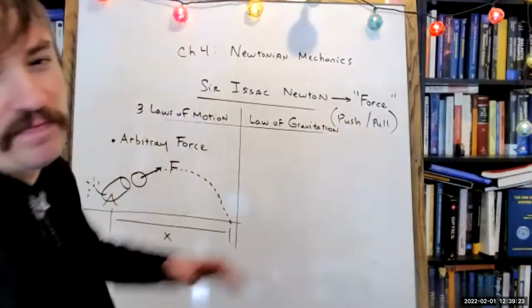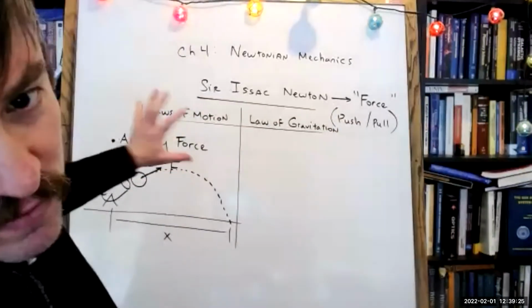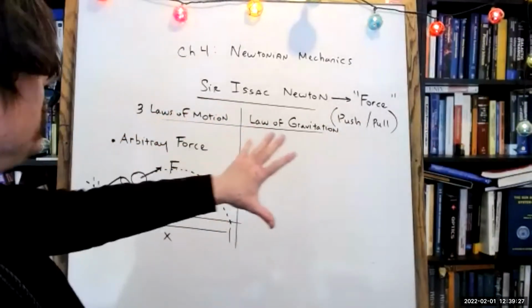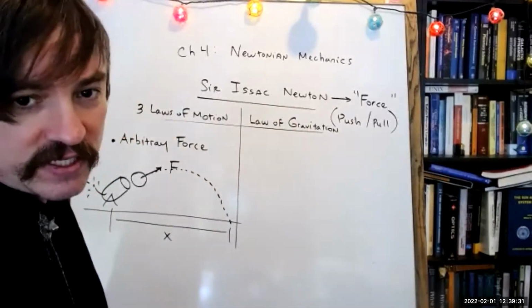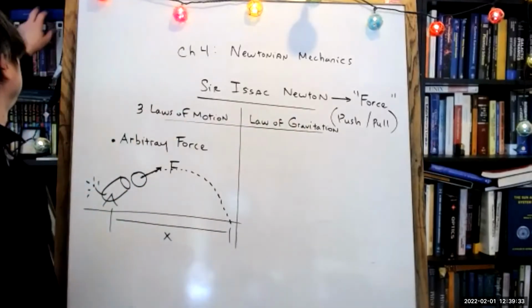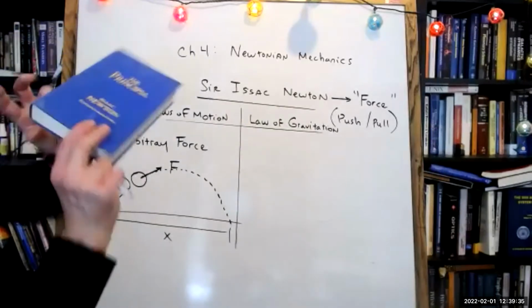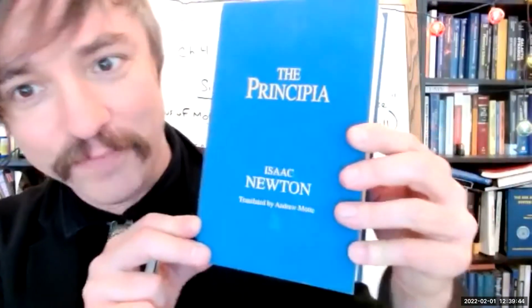I think what might be confusing is that both his 3 laws of motion and his law of gravitation were both laid out in the same famous book, a book known as the Principia Mathematica, or sometimes just the Principia. I found a copy of it lying in a hallway in CCRI a couple of years ago.